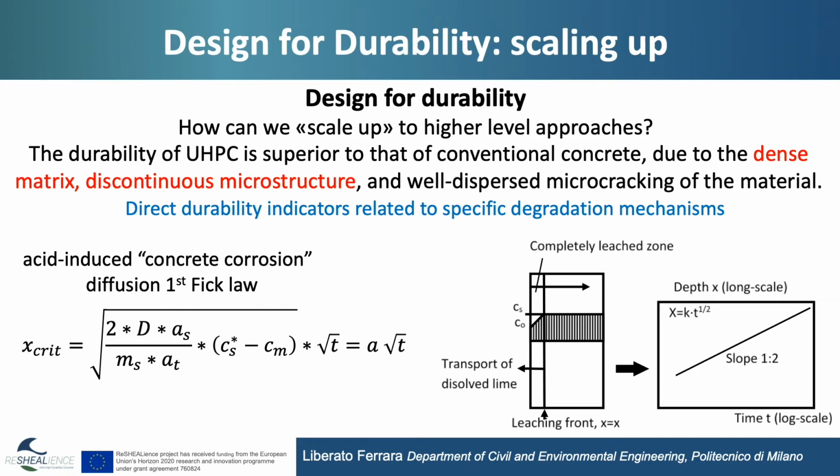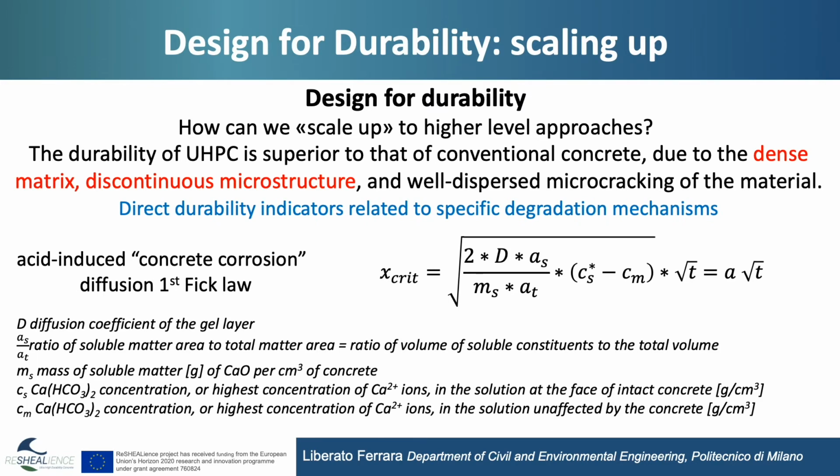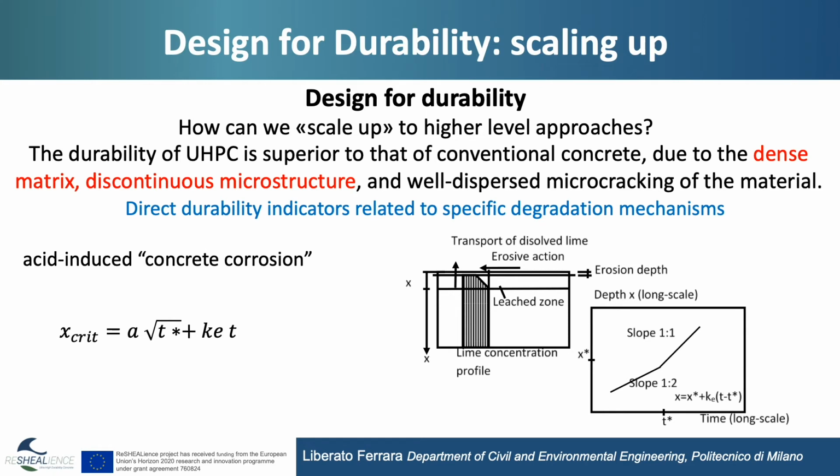You also have to consider that it depends on several factors, like the ratio of soluble matter, which is the calcium ions, and the concentration of that in the face of the concrete or in the solution the structure is exposed to. If you also have erosion because the water moves or solid particles are moving, then you have a linear term. In this case, you really corrode the concrete, you remove it, and the degradation goes much faster.